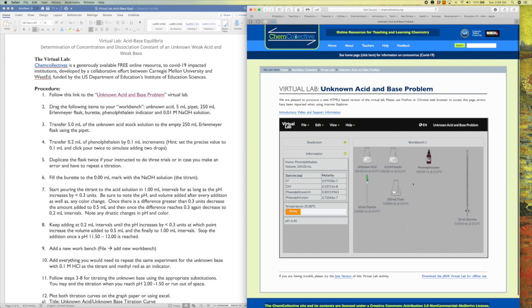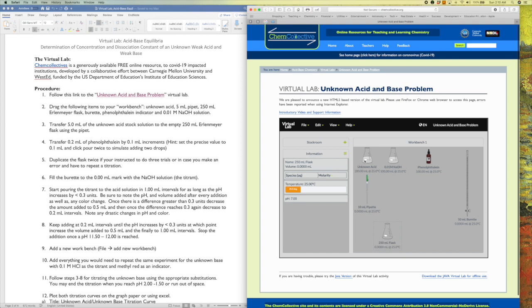Okay, so now I am ready to prepare my titration. What I'm going to have to do is transfer some amount of solution from my unknown acid stock solution and put it in the 250 milliliter flask, and I'm going to use a pipette to do that.